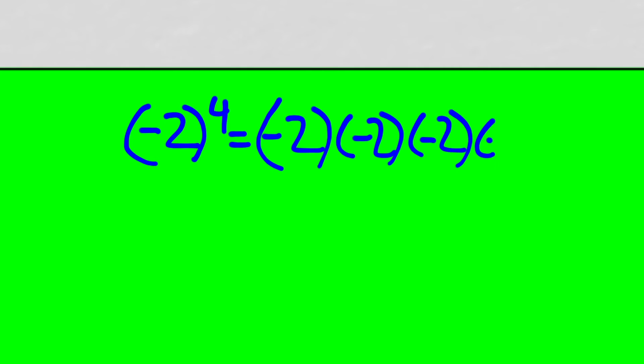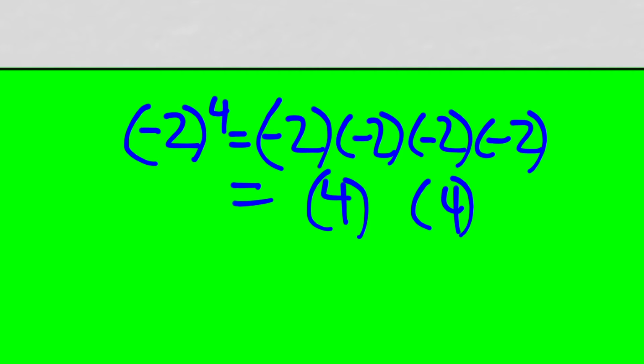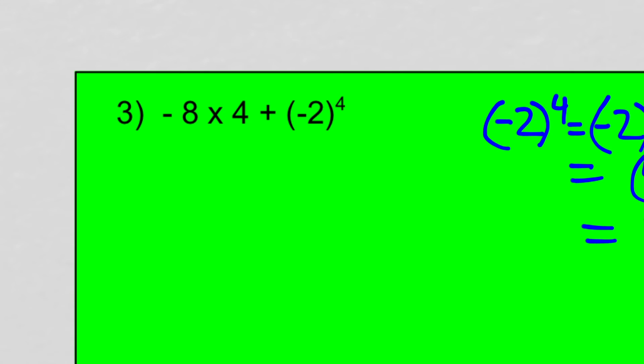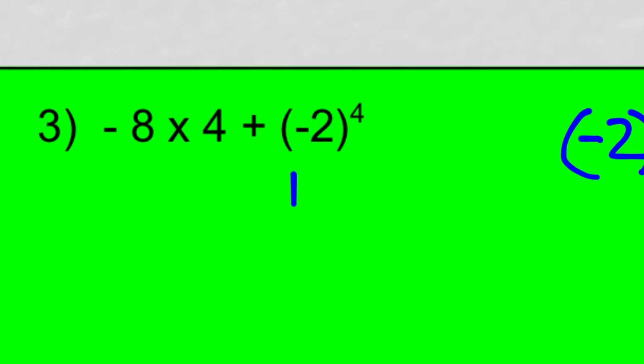So -2 to the power of 4 means -2 times -2 4 times, right? -2 times -2 is 4, and -2 times -2 is 4. And that means +16. So you can do that on scrap paper or by mental math, and then write the answer right below that part of the question, +16.